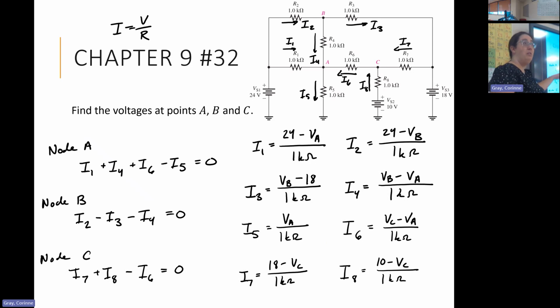It's going to cancel out. So because these are all the same, all we're really going to need to worry about is the numerator portions. So again, when we've drawn our currents on the circuit, we have committed to those values, those directions. That has determined all the signs that we have for our currents going in and out with the current law, as well as our changes in voltages for Ohm's law.